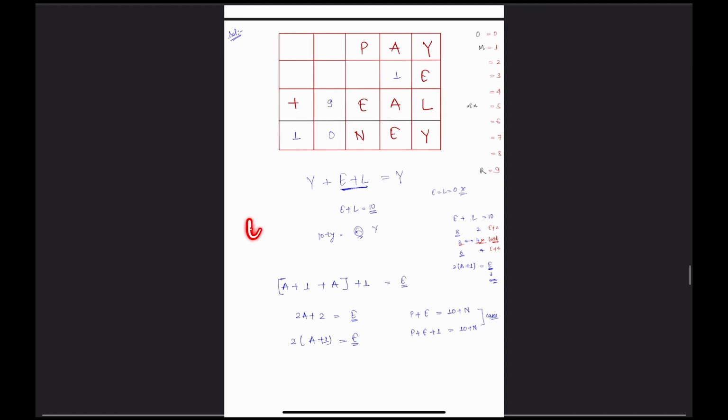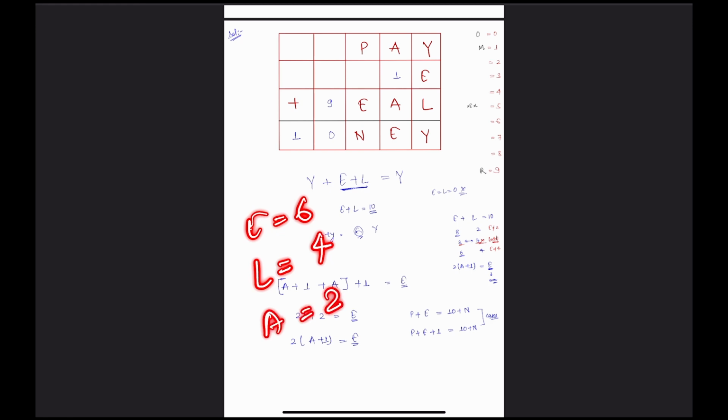So E will be 6, L equals 4, A will be 2.